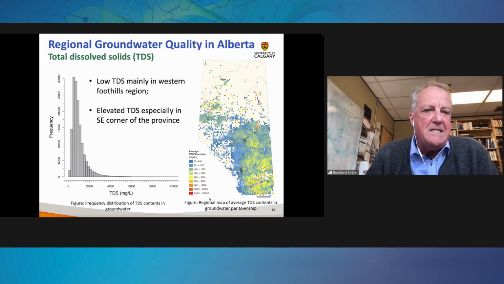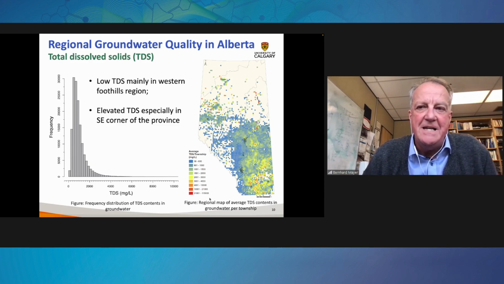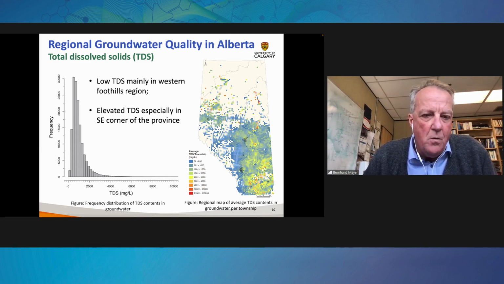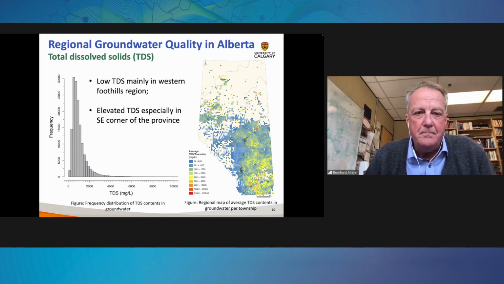So low TDS occurs mainly in the western foothills and in a region west of Highway 2, and elevated total dissolved solids or salinities in groundwater do occur predominantly in the southeastern portion of the province. The total dissolved solids in the yellow, orange, and red boxes are higher than 2,000 milligrams per liter.